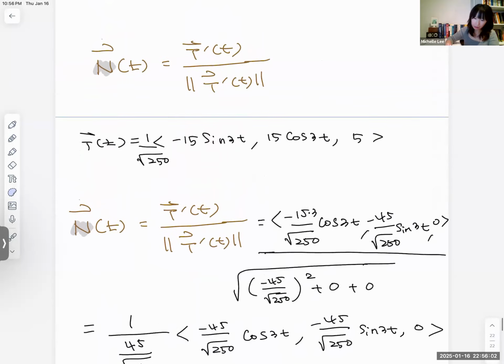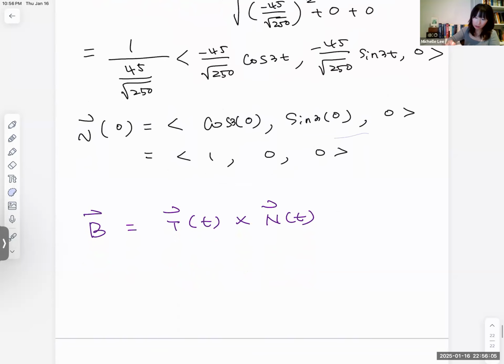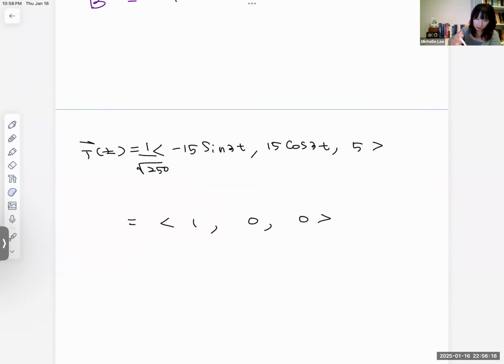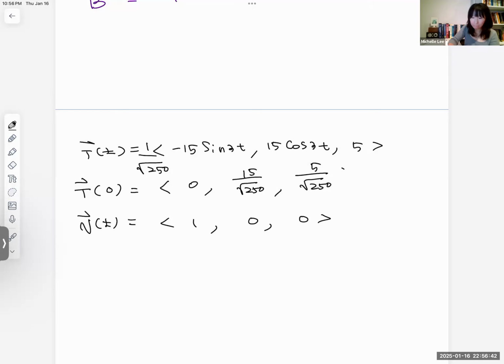I want to use when t equal to 0. It's an easier way to calculate, right? So this is a normal vector. So we have 0 there, 15 over square root of 250 and 5 over square root of 250.